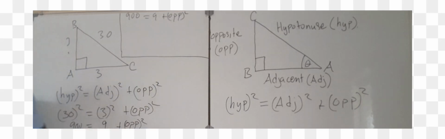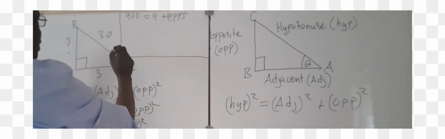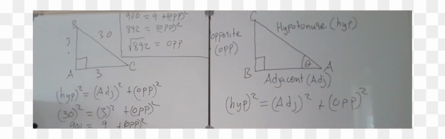Remember, it's squared. So taking 9 to the other side, what is 900 minus 9? It's 891. It's equal to OPP squared. So therefore, the square root of 891, I'm taking the square roots of both sides, is now equal to our OPP. Of course, you can put that in a calculator and get the actual answer. But that's your Pythagoras theorem.